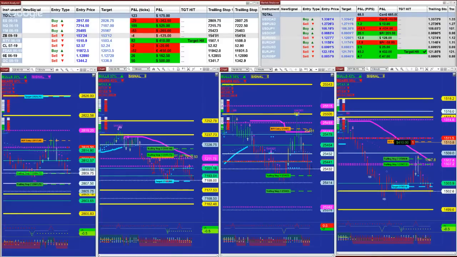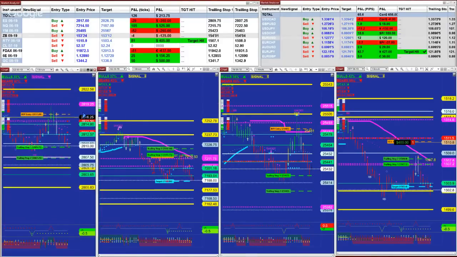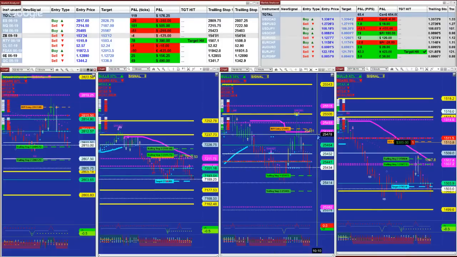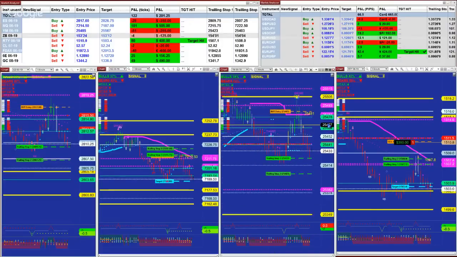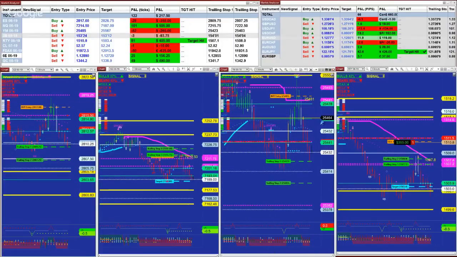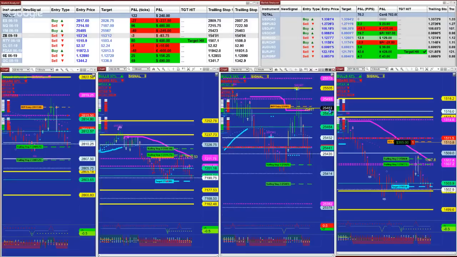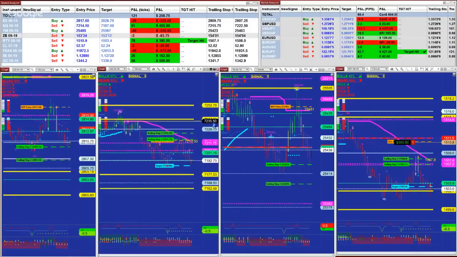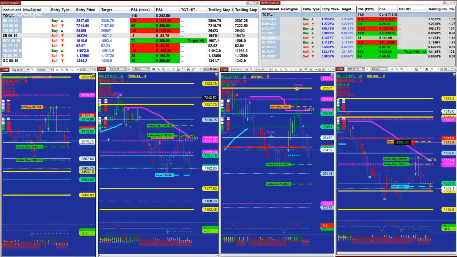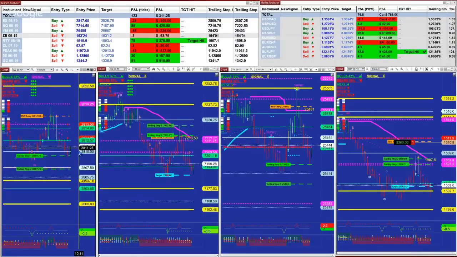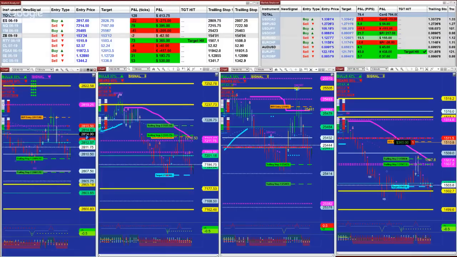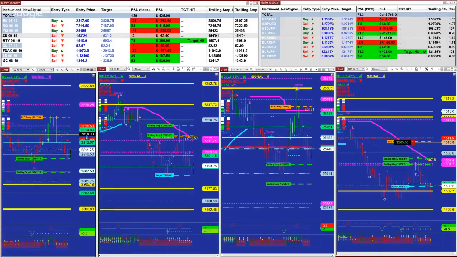Okay, then the ES is going back to normal right now. So I'm going to keep my eye on the ES and YM. There is no trade on ES, YM right now, and neither NASDAQ.